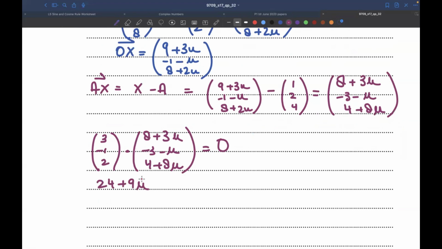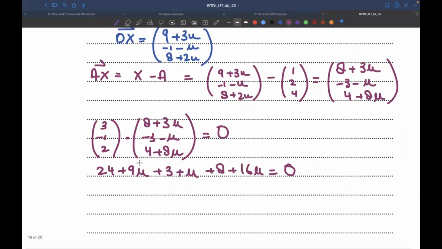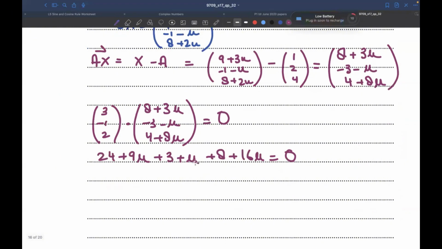And then minus 3 into minus 1 is plus 3 plus mu. And then plus 8 plus 16 mu. Finding the value of mu, 9 plus 1 is 10, and then 10 plus 16 is 26 mu. And we'll take this to the right hand side: 24 plus 3 is 27, plus 8, which is 35. The value of mu is minus 35 over 26.